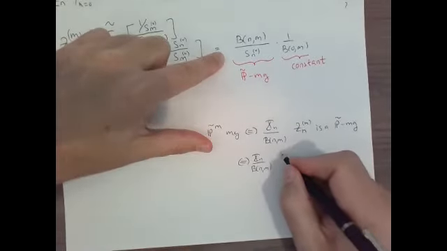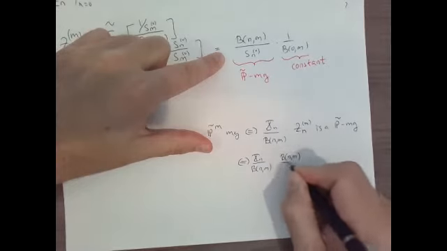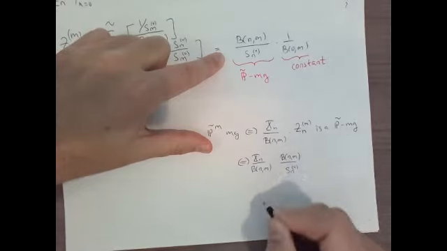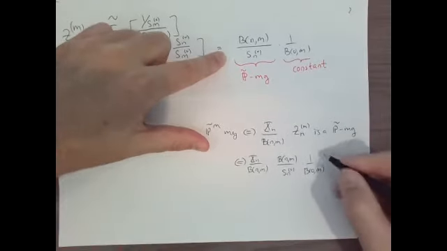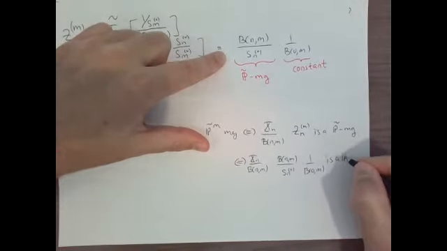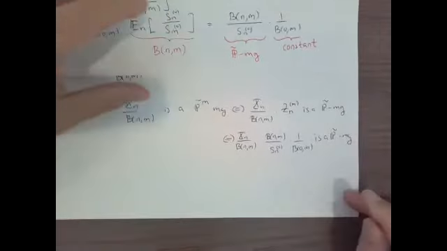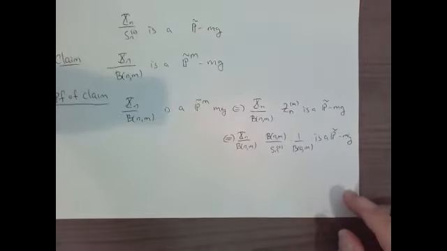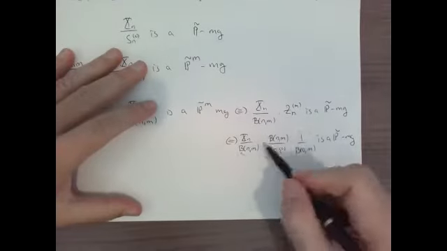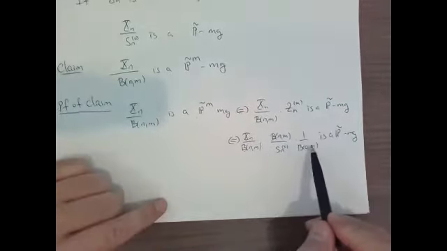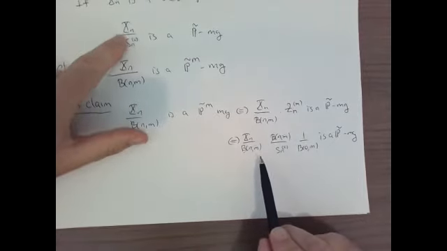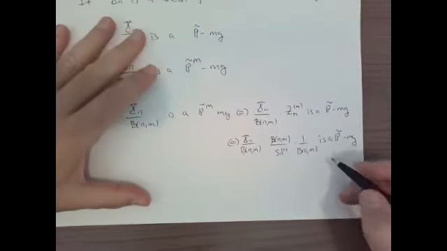This was BnM over Sn0 times 1 over B0M. This is the same thing as saying that this is a P tilde martingale. And now it cancels, and I'm left with Xn over Sn0, constant. And we already know that that's a P tilde martingale.